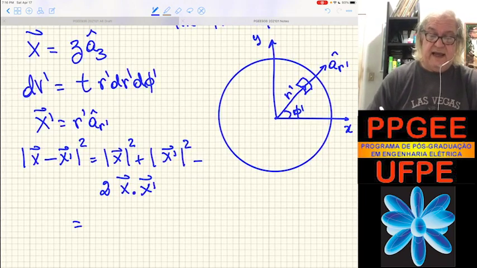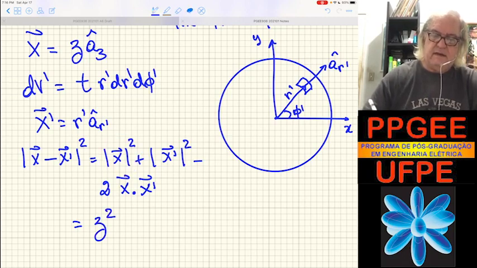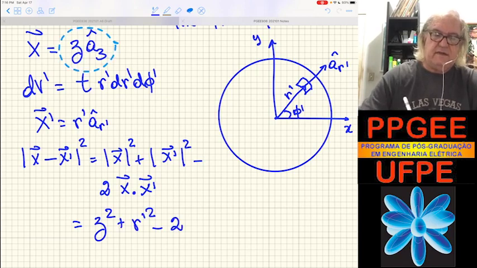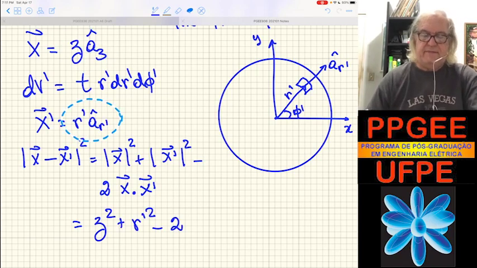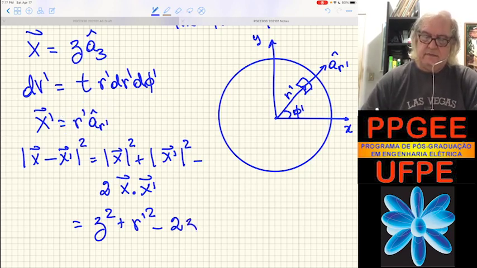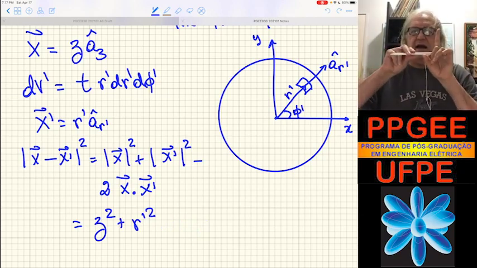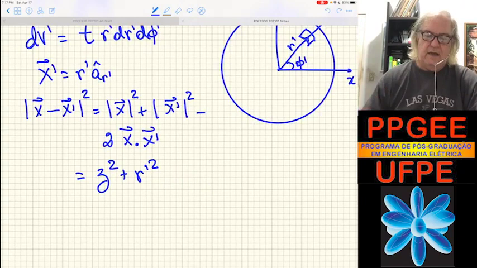So x squared is z squared, and x prime squared is the magnitude of this vector, minus 2 times the dot product between those two elements. 2z r prime, oh, I'm sorry, they are orthogonal, right? I don't have to do that. So that's what it is. a_z and a_r are orthogonal.